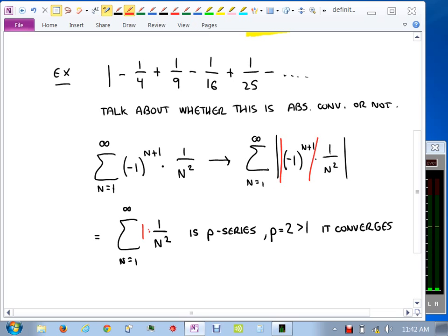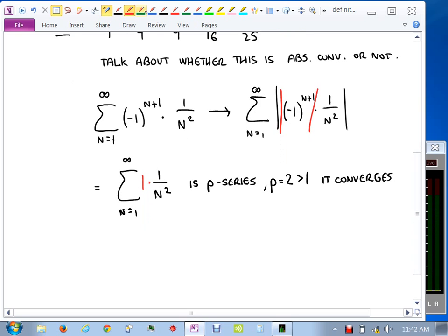You don't even need the to the n plus 1 anymore, because it's always going to be 1, 1, 1, 1, 1. On any alternating series, when you take the absolute value, that alternating part is gone.